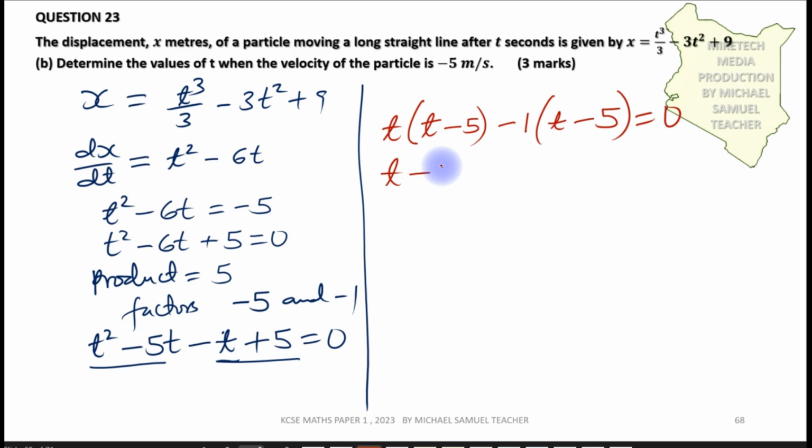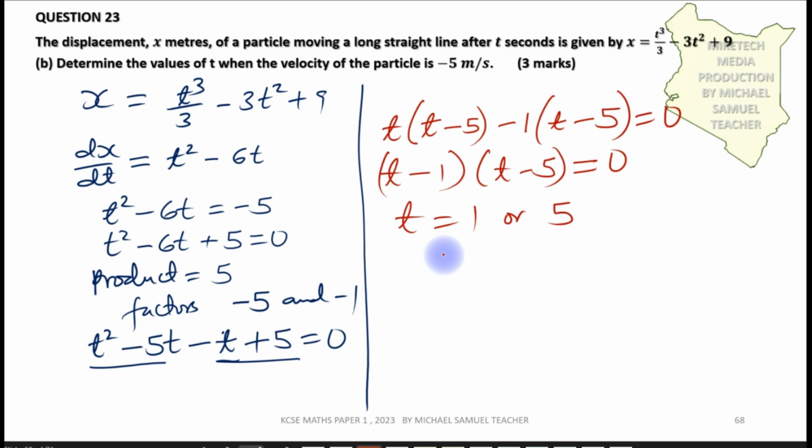Therefore, this will be t minus 1 multiplied by t minus 5 is equal to 0. Therefore, t is equal to 1 or 5. So when the velocity of the particle is minus 5 meters per second, it's after 1 second or 5 seconds.